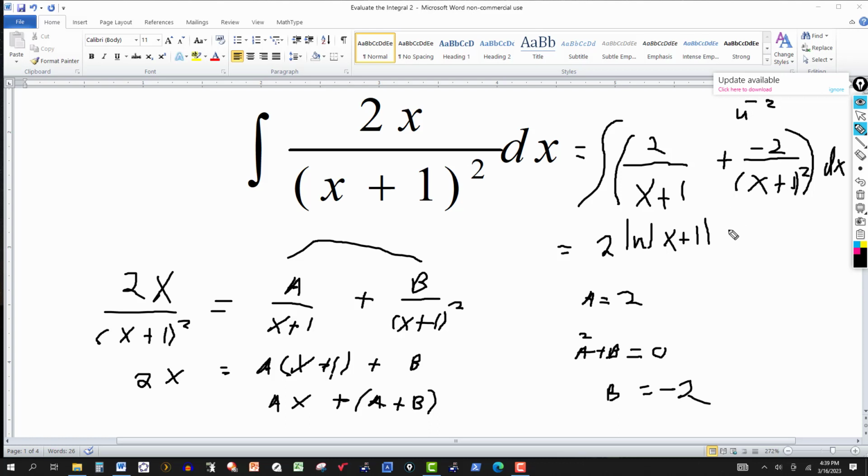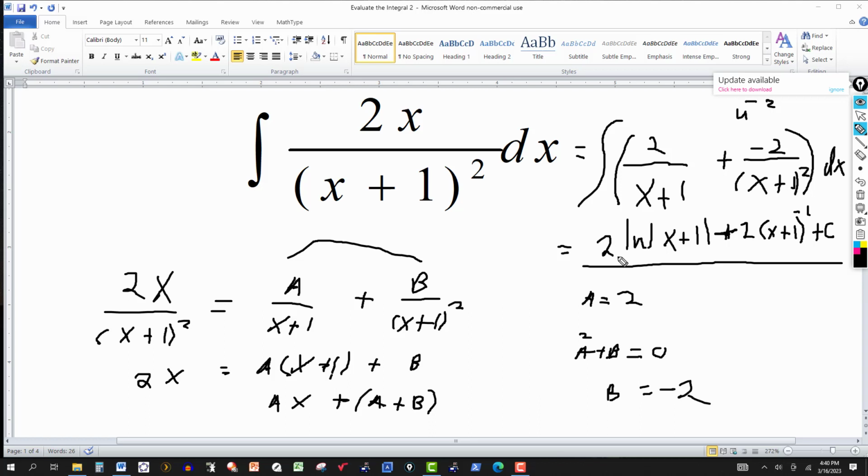So the minus 2 becomes a plus 2. And this becomes a u to negative 1. But here it's x plus 1, so this will be x plus 1 to the negative 1, plus the constant.